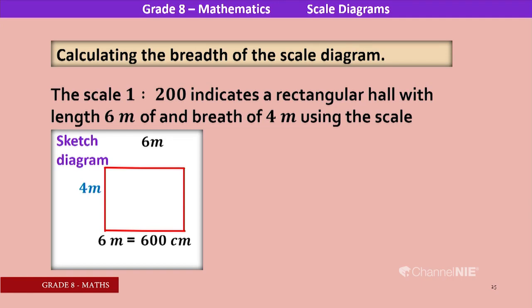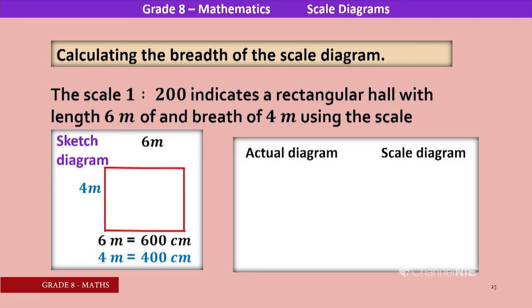Right? We want to draw the breadth. We know that 4 meter means 400 centimeters. Actual diagram is to scale diagram. This is a pattern. Try to get the pattern. Actual diagram, scale diagram, because they ask about the scale diagram. The format: actual is 200, scale is 1. 200 centimeters, 1 centimeter.